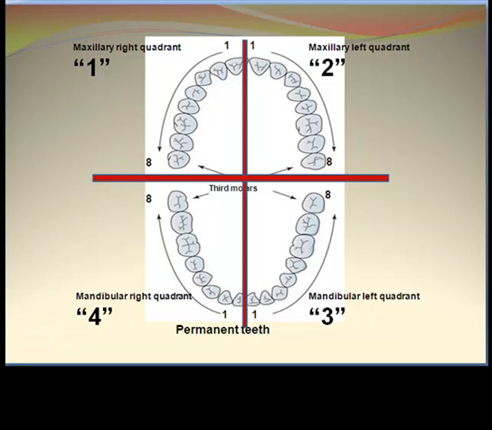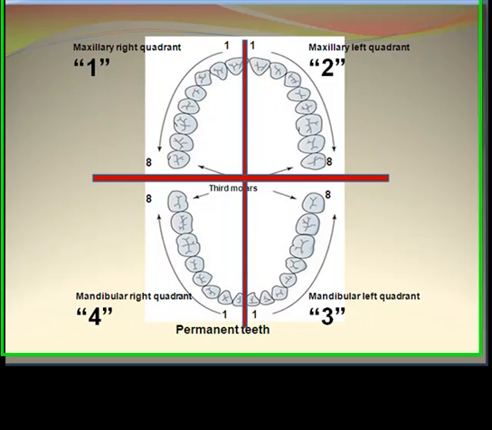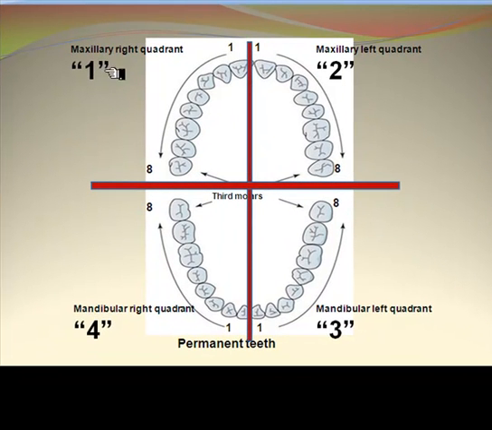Now that we already identified the 2 numbers from the 2-digit numbering system of the FDI, let's put it together. Remember, the first number is the quadrant, that's 1, 2, 3, and 4. The second number represents the tooth number, that's 1 to 8. Now let's put it in use.